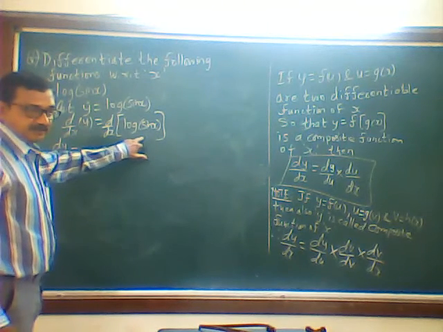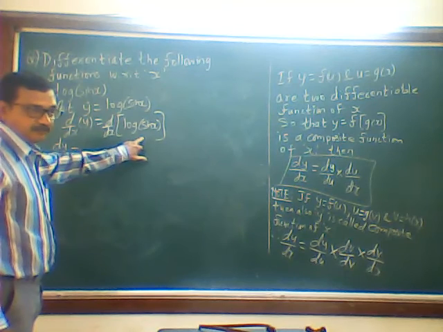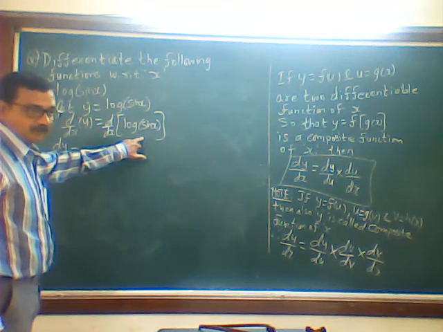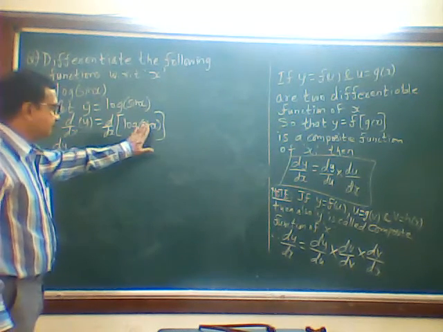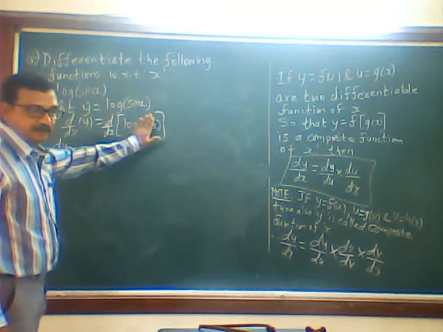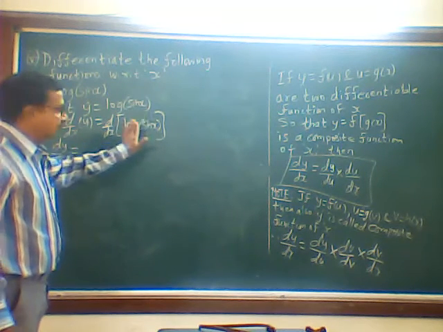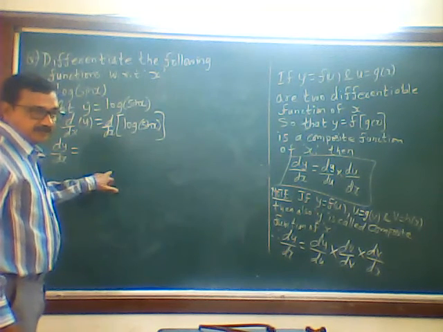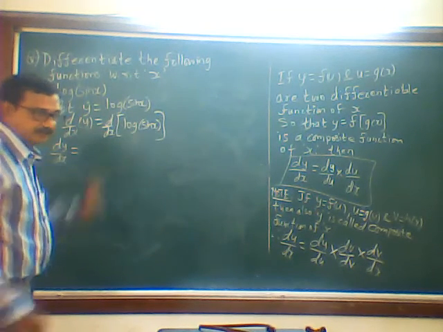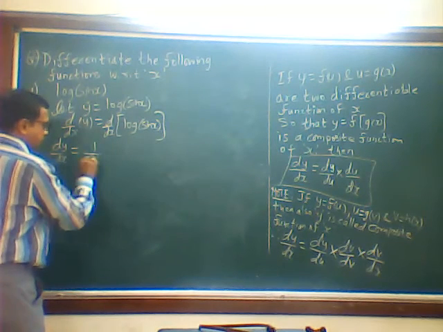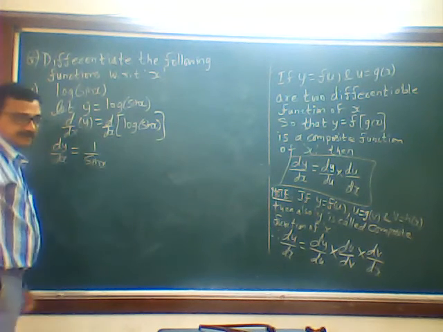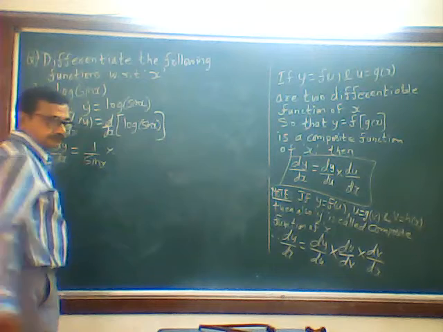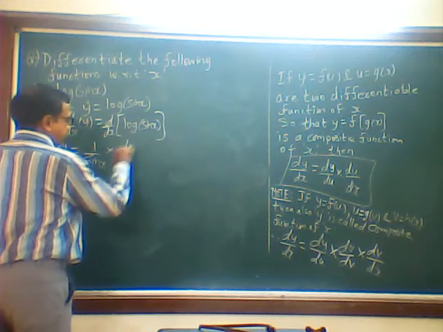Now you will think, in the formula we don't have log of sin x, we have log x. So for the time being, you assume sin x as x. So d by dx of log x is what? 1 upon x. While writing, you write 1 upon sin x, whatever is given. 1 upon sin x into d by dx of sin x.